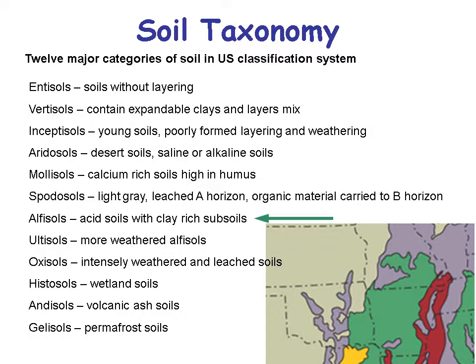First of all, the alfisol is an acid soil with clay-rich subsoil, and acid in soil is often related to how much clay is in it. So you see that dark purple area is alfisol. And then a mollisol is a calcium-rich soil high in humus.